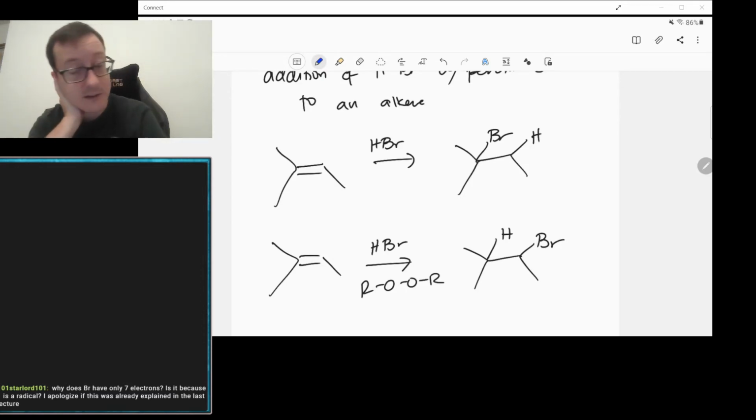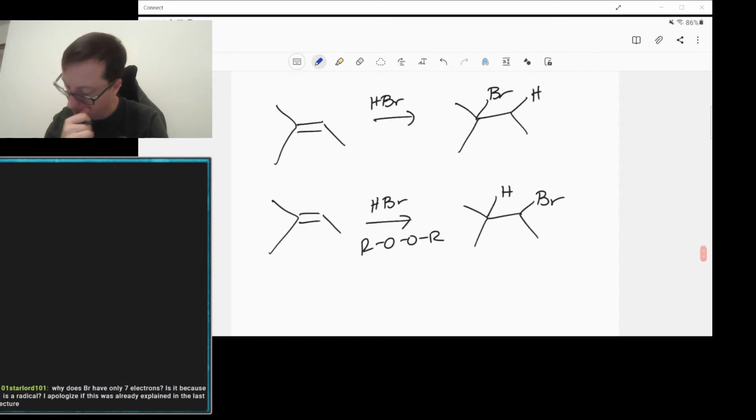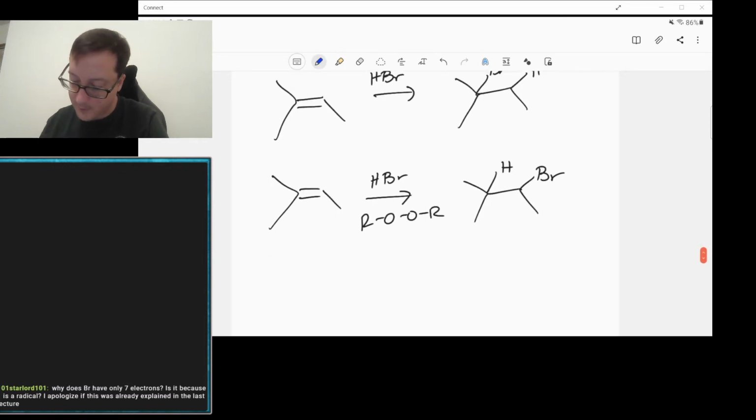The first one proceeds through a carbocation mechanism. The second one goes through a radical mechanism. And so we're going to see what these look like. For this one, this is called an, I don't want to say it yet. I'll tell you later. I want to focus on the mechanism and why this happens because it's radical chemistry.